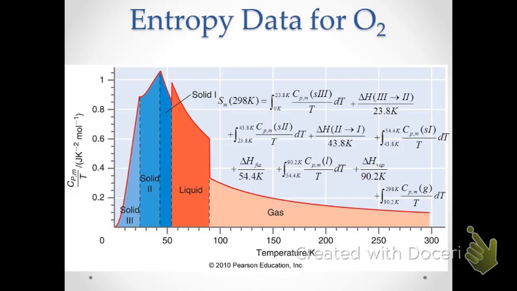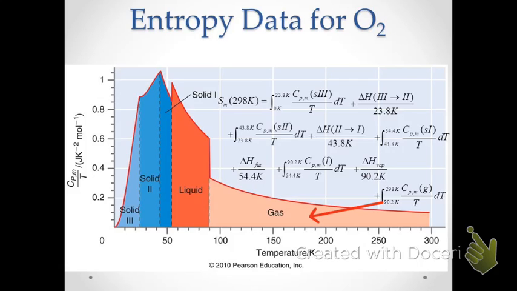And then finally it's vapor, and we continue to increase the temperature to our final temperature, 298, since that's our target, to determine the third law entropy at 298 Kelvin. We just very simply integrate the area under the curve for that region from 90.2, the boiling point, to 298.